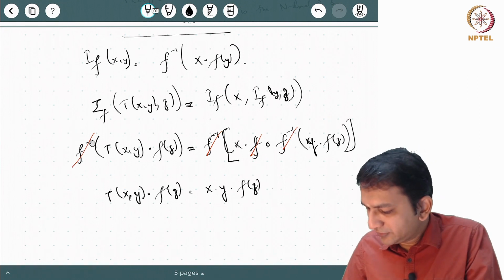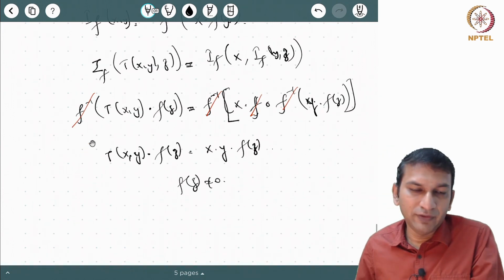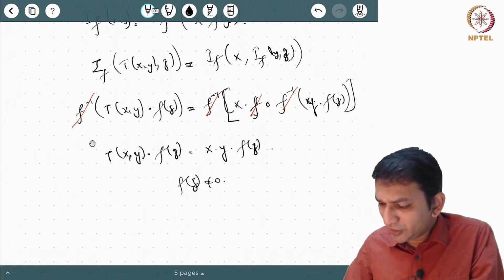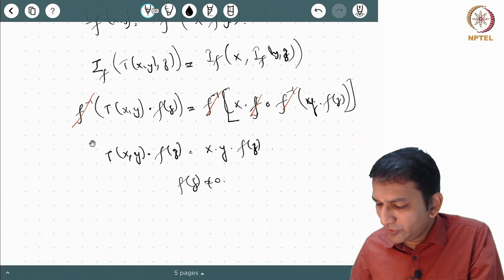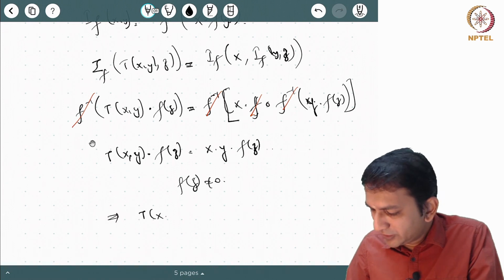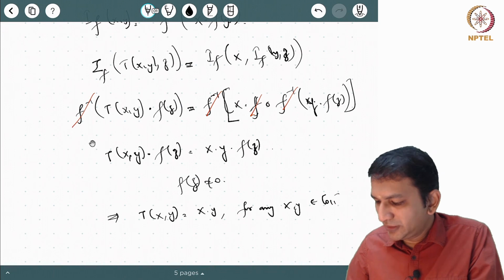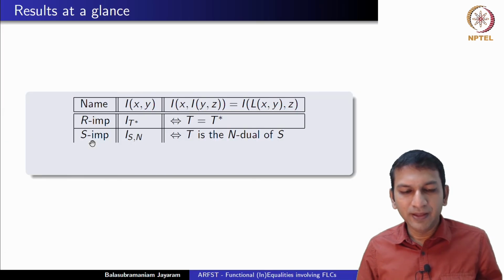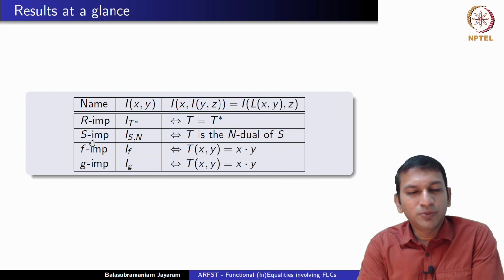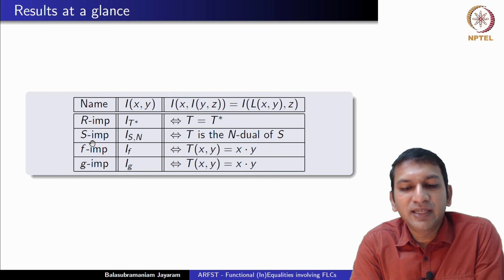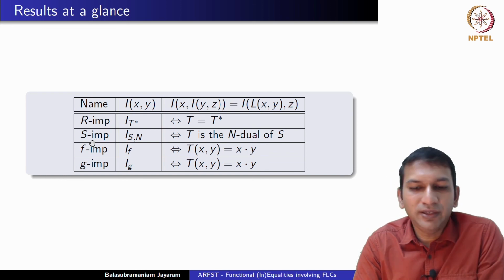Clearly, if you take a z such that f of z is not equal to 0, for instance, clearly there will exist a z such that f of z is 1. So if you assume that, or any non-zero value here, you can cancel this, and what we say is T of (x,y) is in fact equal to x dot y for any arbitrary x,y that we have considered, which means T is in fact the product T naught. Similarly, it can also be shown for the G implication. It does satisfy the law of importation, and the T that we are considering there is in fact the product T naught.